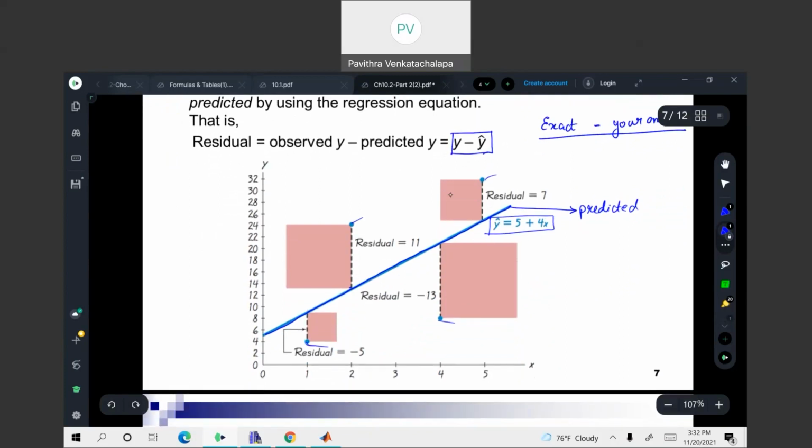Now if you observe clearly, I want my answer to come near the straight line because that's the answer we need. So that's like an observed data, that's like a predicted data. So we need our answer to come near the straight line.